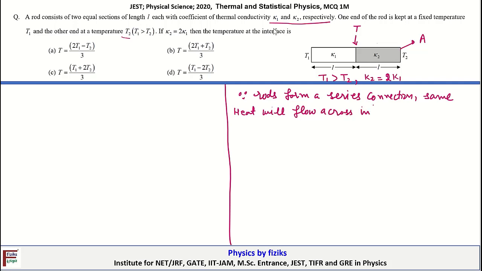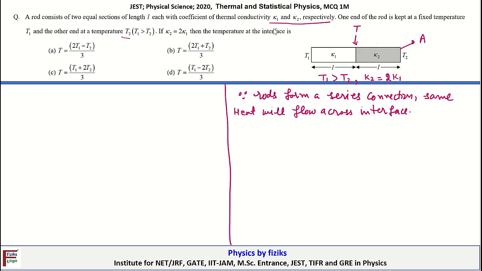So that means in steady state we can compare the heat flow across the left rod, and that will be equal to the heat flow across the rod on the right hand side. Now we must have an idea about the heat current that can flow across a slab.